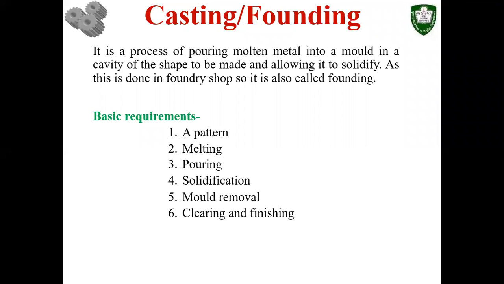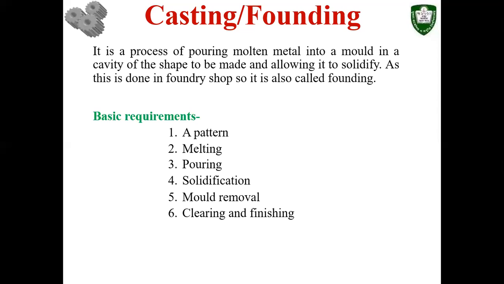In that cavity we pour the molten metal. If we want to make a metallic casing, for example an aluminum casing, then we pour the molten aluminum into that cavity and allow it to solidify for some time so that we can take the solid part out of the mold, and that is what is called casting.